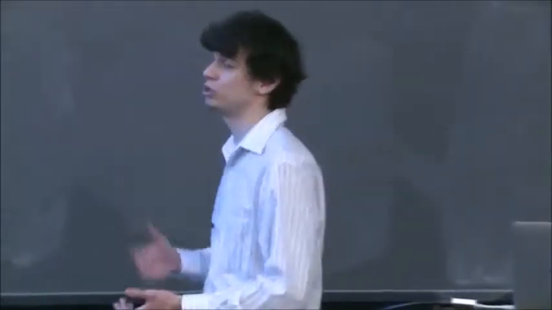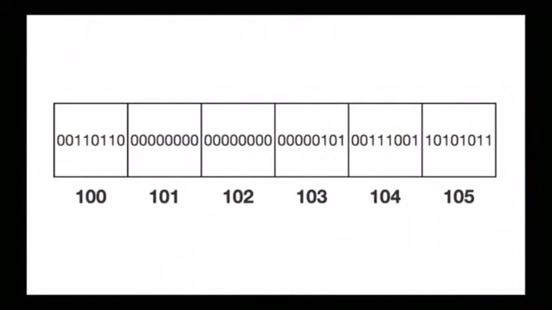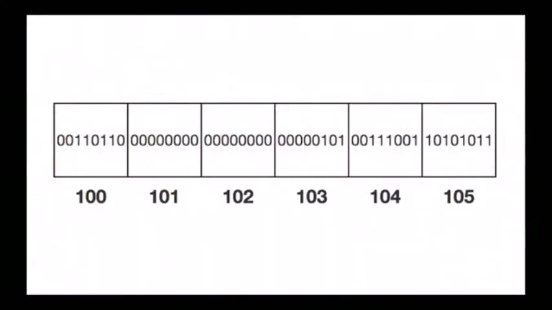So the contents of RAM could look something like this. Again, we're going to consider this 4 gigabytes of RAM, this big, huge block. This is just one section. And over here on the left, this is a single byte. You can see here because we have 1, 2, 3, 4, 5, 6, 7, 8 bits, which is 1 byte. And this is at the address 100. So that means this 1-byte block of RAM, we can access it using the number 100.